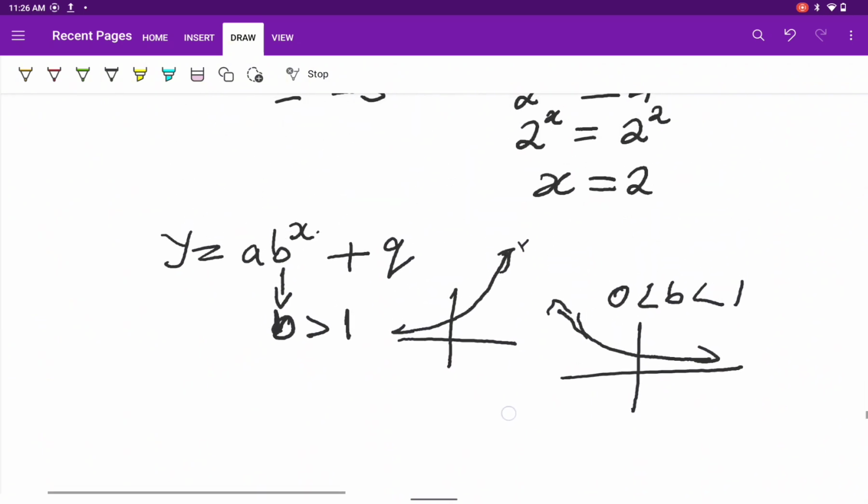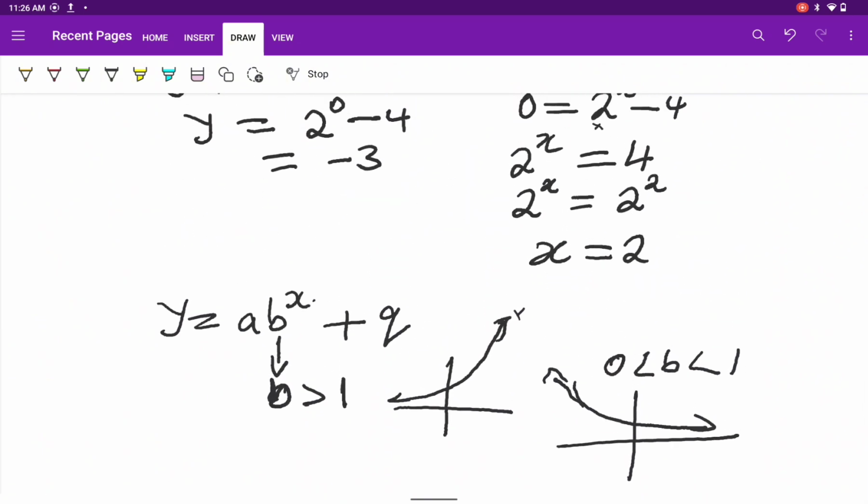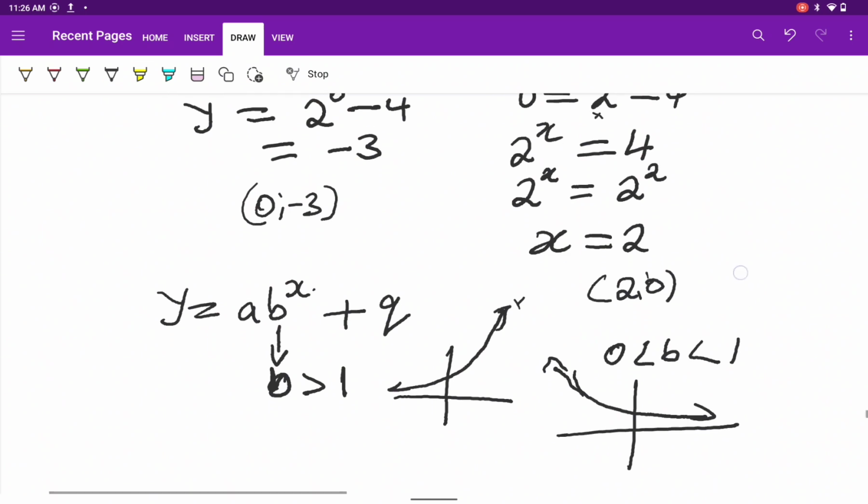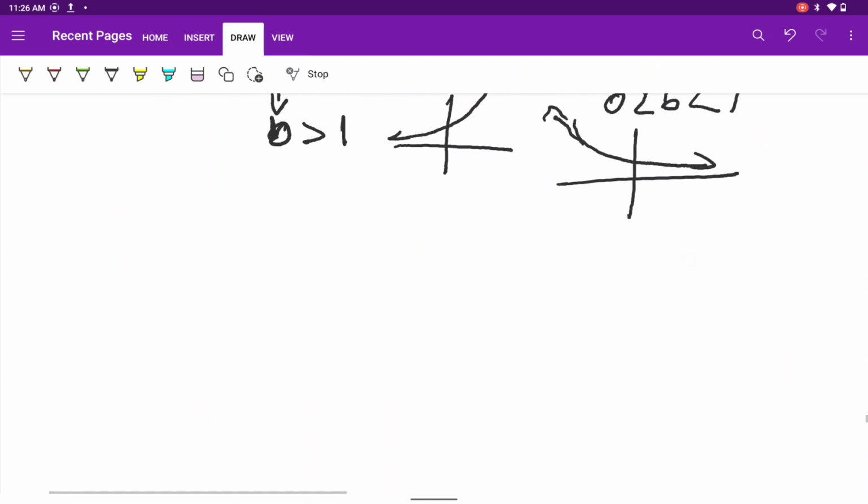Here we already have 2 points: the point where x is 2 and y is 0, and the point where x is 0 and y is -3. Here we are safe, so there's no need for another point. But if we only have 1 point and want to determine the direction of the graph, we can always get a second point. We will look into the next example, but now let's sketch this function.